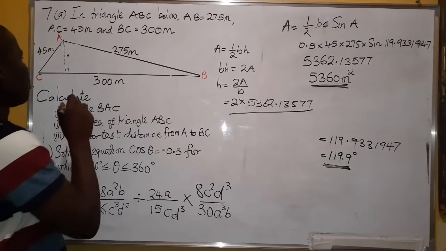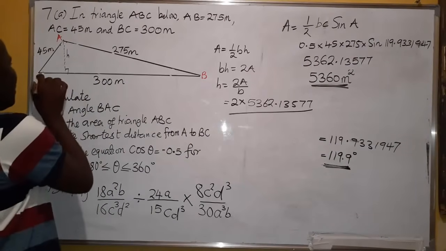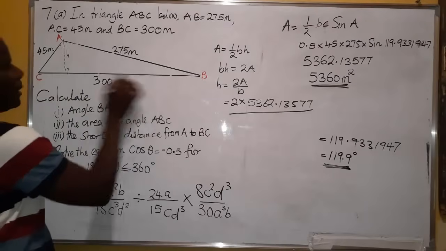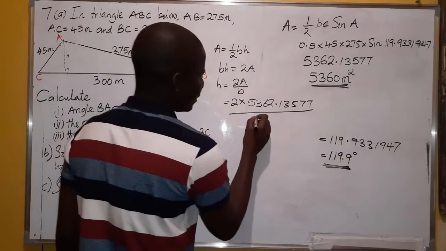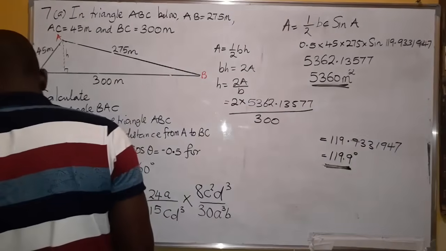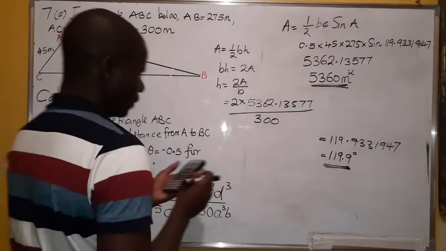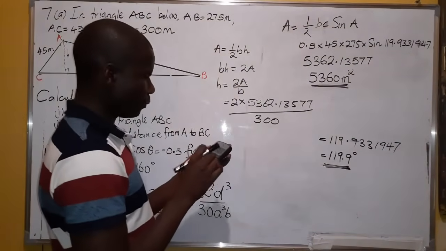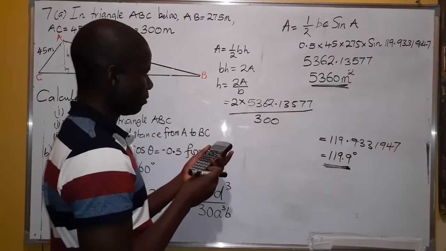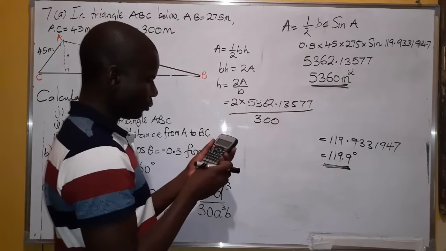What is our base? Our base is 300. So it's the job of us multiplying: you multiply the area by 2.